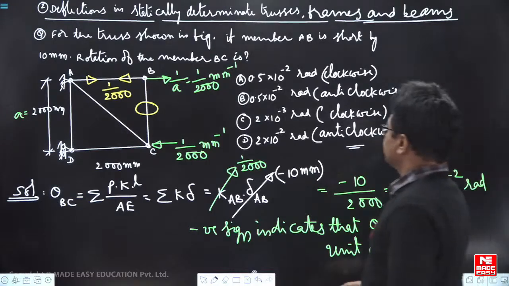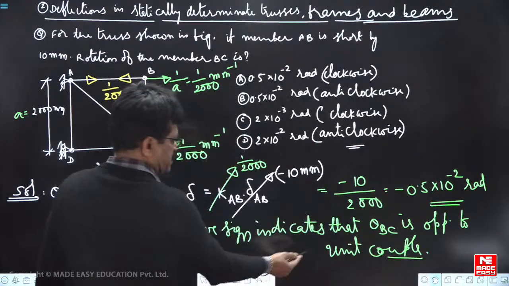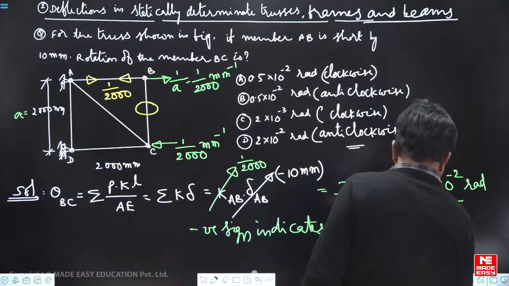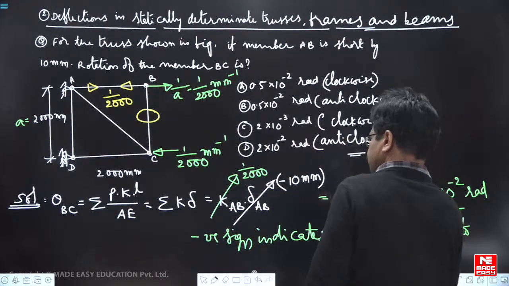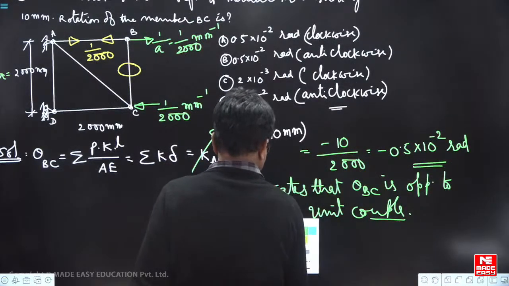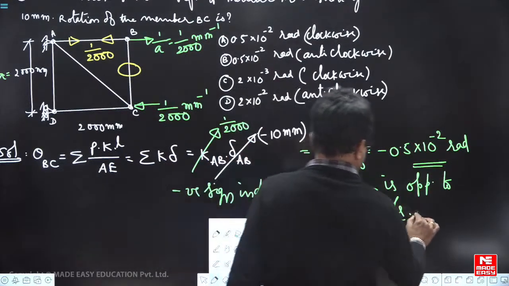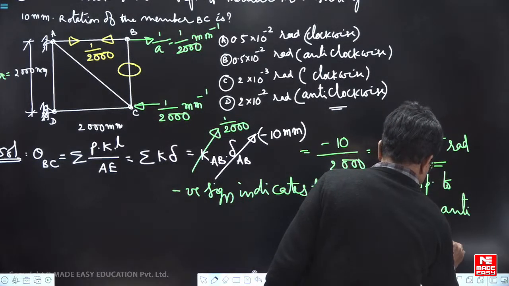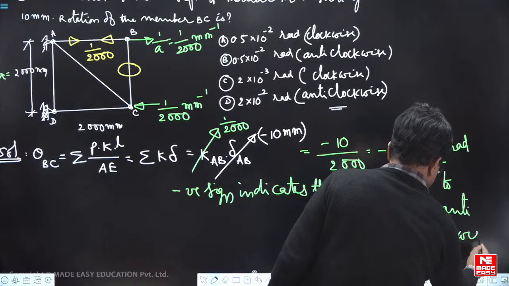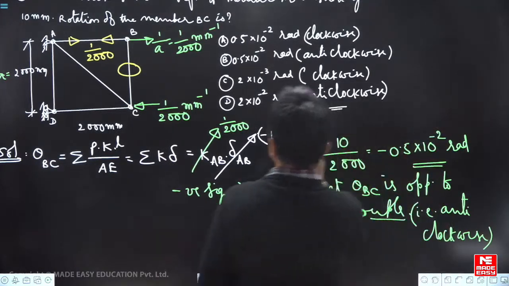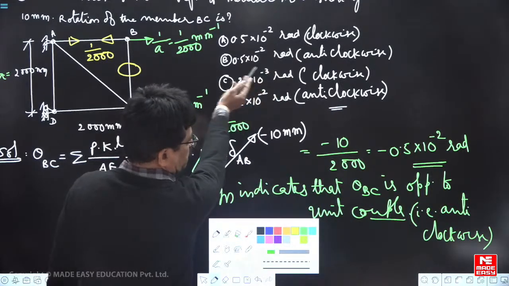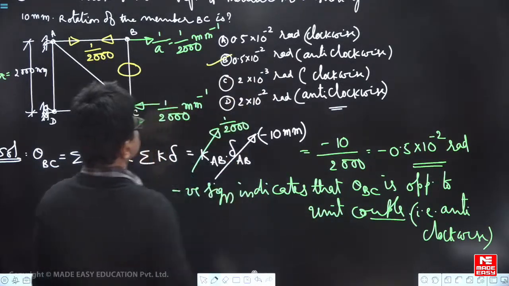0.5 into 10 to the power of minus 2 radian means opposite to unit couple, means what? Anti-clockwise. So 0.5 into 10 to the power of minus 2 radian anti-clockwise.